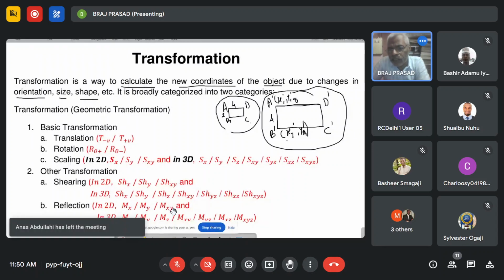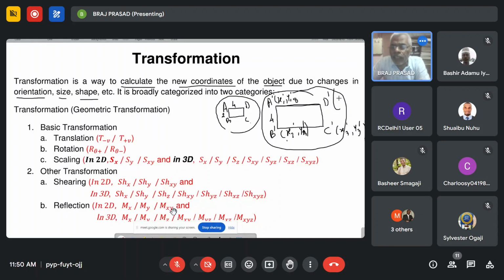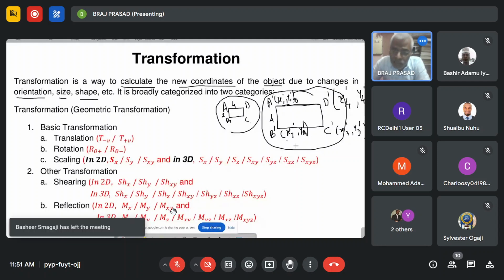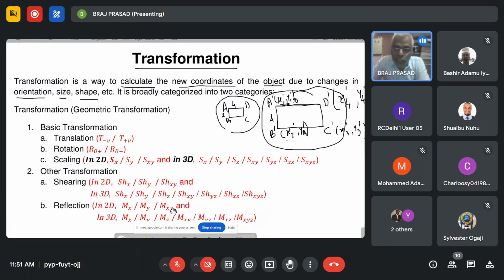C dash becomes x3 dash and y3 dash, and D dash becomes x4 dash comma y4 dash. So how will we find these coordinates? That concept is called transformation. To find the new coordinates of the original object, we need some transformation.